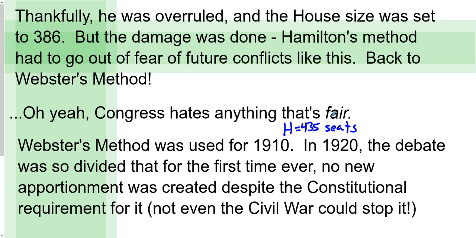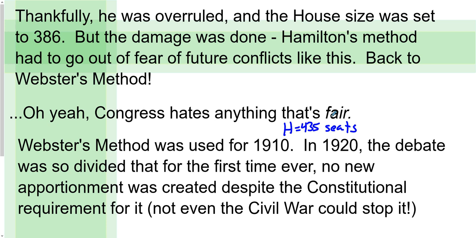So when it says that they have to figure out apportionment every 10 years, okay? The piece of the Constitution says, in such a manner as Congress shall by law direct, meaning that they have to do an apportionment every 10 years, but they can decide for themselves how they want to do it. So 1920, nothing happens.